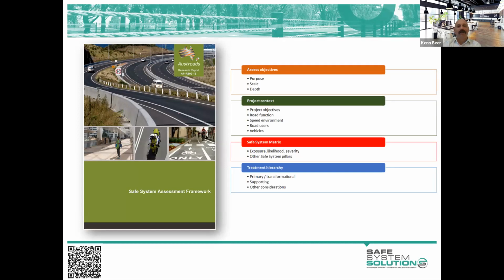You'll see when you do your assessment that this is all stuff that's absolutely required before you get into the actual mechanics of a safe system assessment, which is putting some numbers to the exposure, the likelihood, and the severity. So that's what we're going to be doing next module.